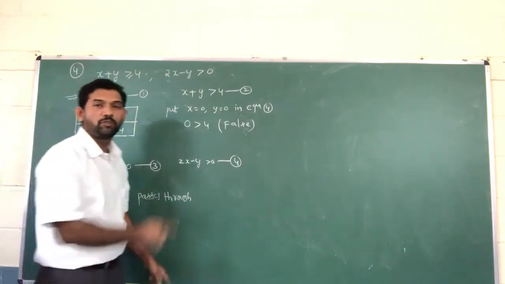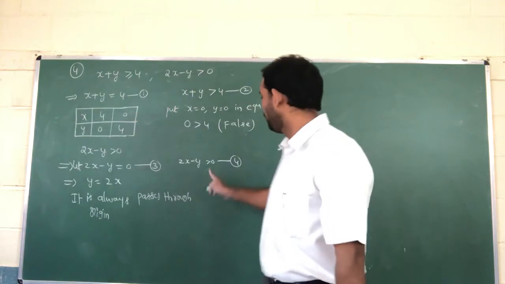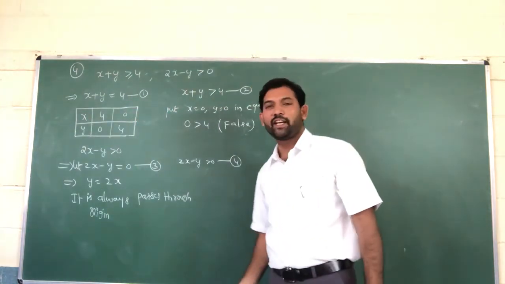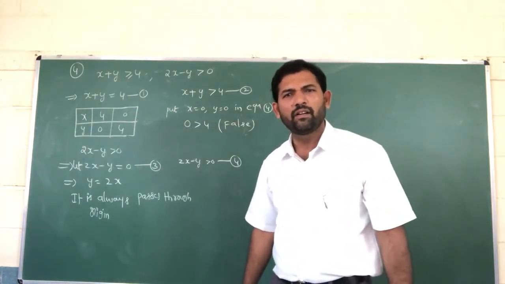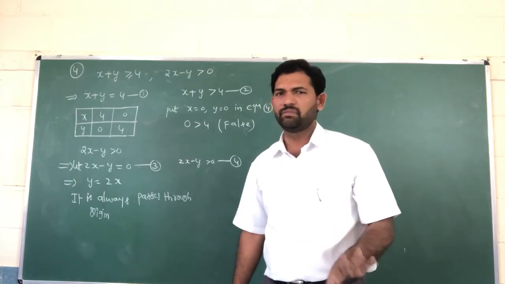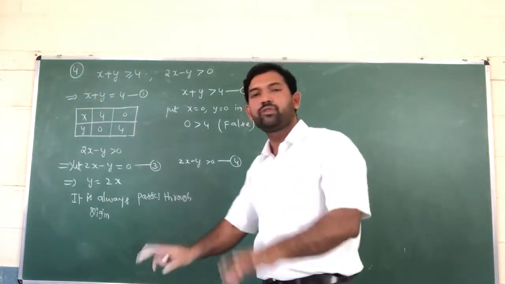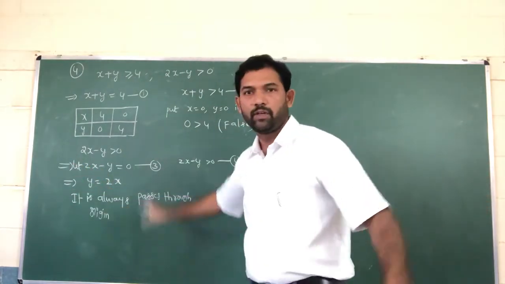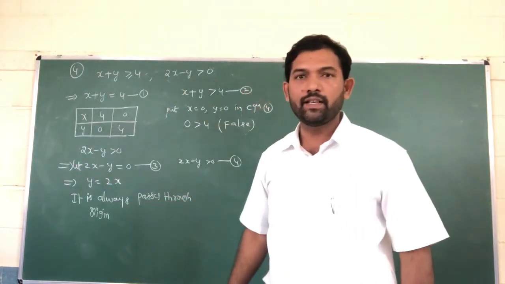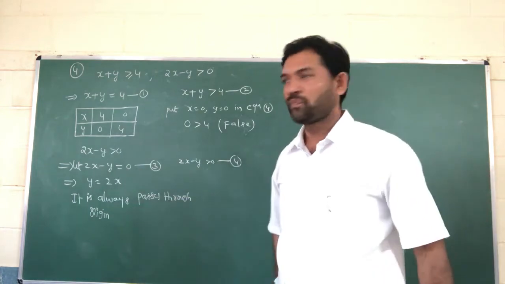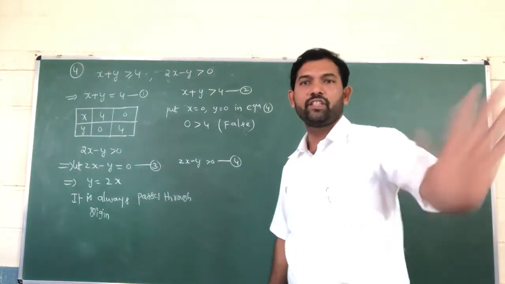You don't substitute 0 here. x equal to 0, y equal to 0 substituted, what happens? 0 greater than 0. That condition is wrong. So you don't substitute 0, you stop there only. So the procedure for inequalities is completed.